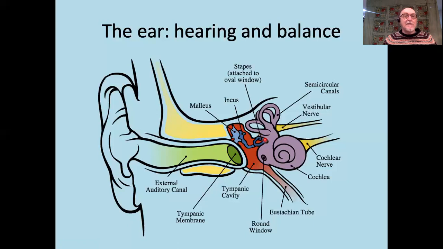And the stapes is attached to the next part of the ear, which is the inner ear. We'll talk about this again in a minute. So this is the inner ear. There's a thin membrane there where the stirrup bone vibrates and communicates the vibrations to the inner ear.